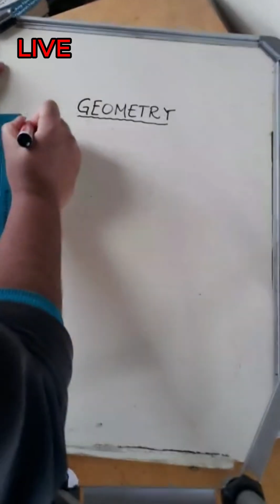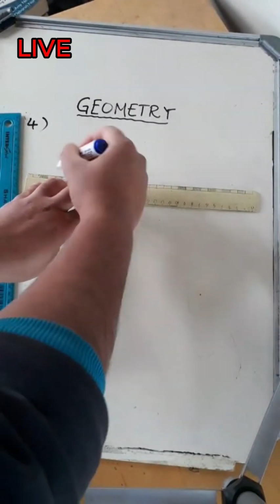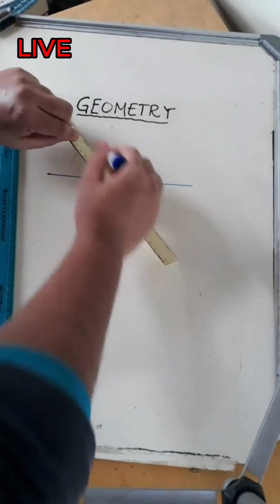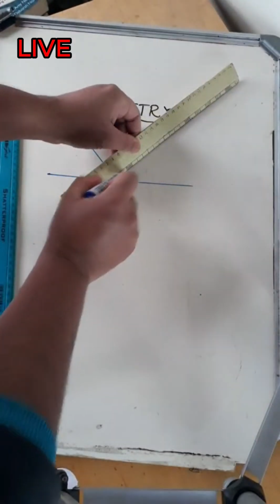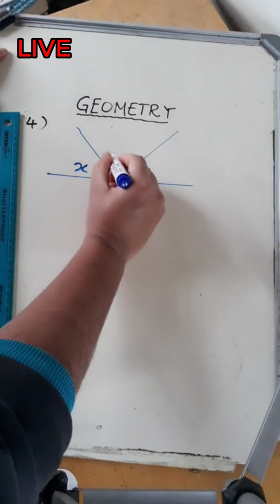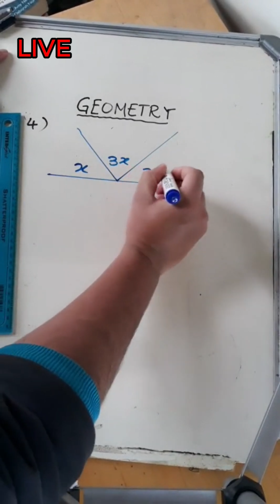Okay, so this is example number 4. Okay, this is x, 3x, and 2x.